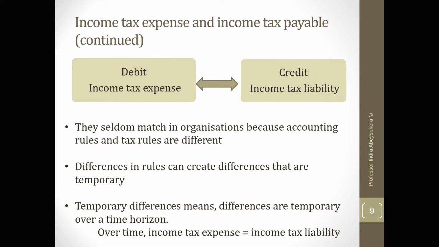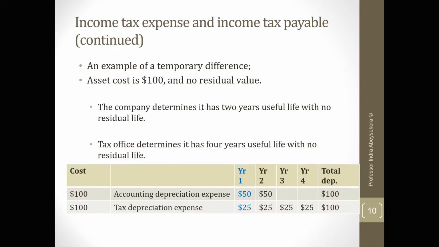They're looking at the same asset and the same value of the asset. So any differences that arise are because of time, and these differences are called temporary differences. So unequal amounts here between income tax expense and income tax liability are called temporary differences or temporary tax differences.